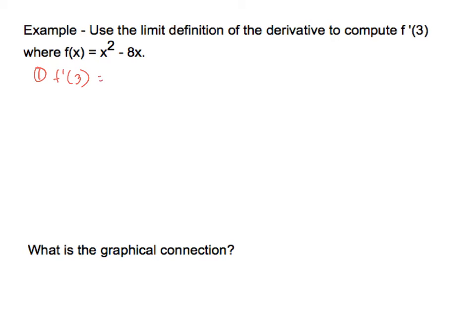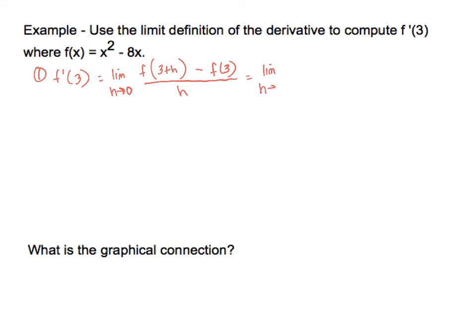So it equals the limit as h goes to 0 of f of (x plus h), or 3 plus h, minus f of x, or f of 3, divided by h. Now this is showing us our function input. The function is defined as x squared minus 8 times x. So now the numerator needs to change to show the actual function.